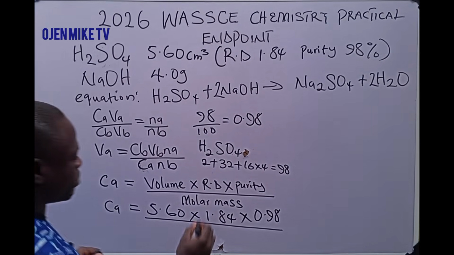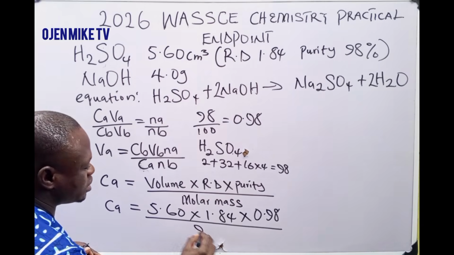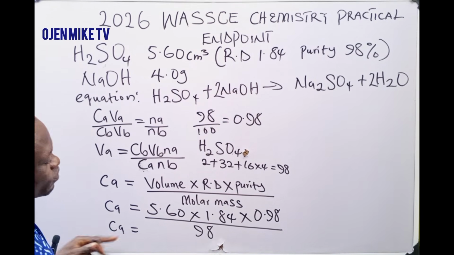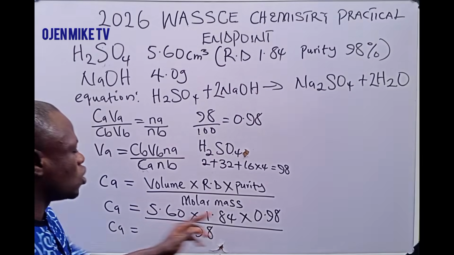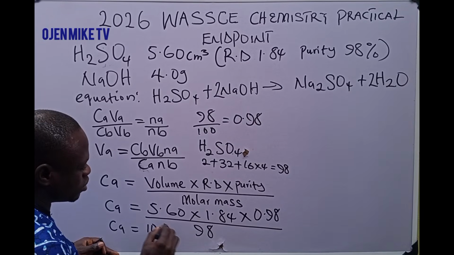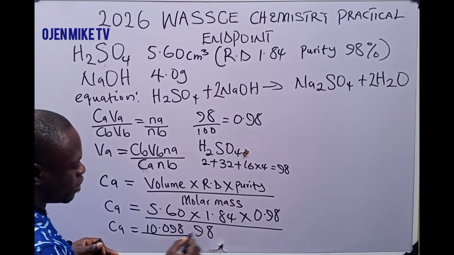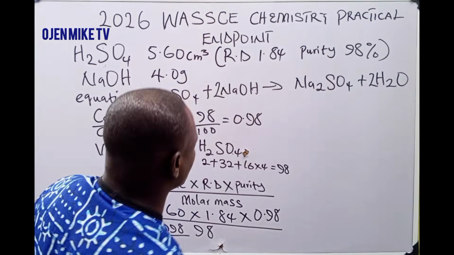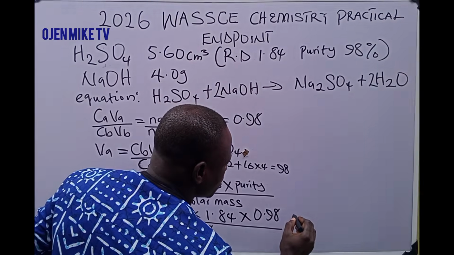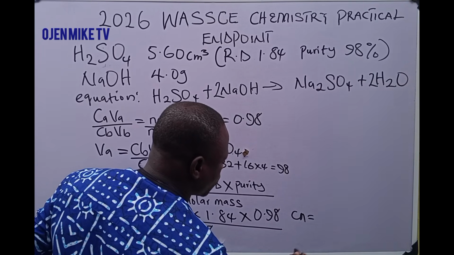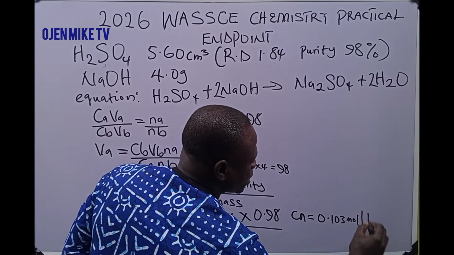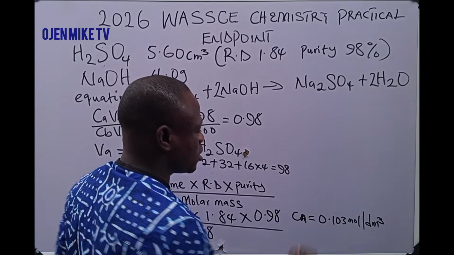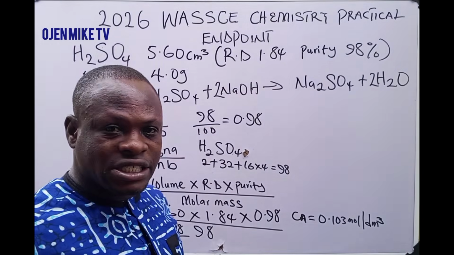So you are going to divide by 98. At the end, your concentration of acid, Ca, will be equal to what, per dm cubed. We have gotten our Ca.